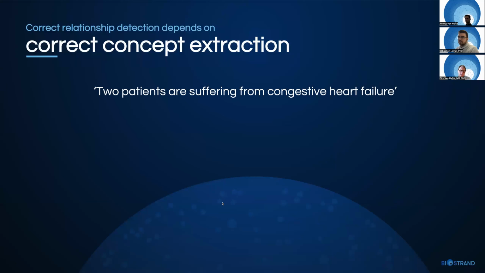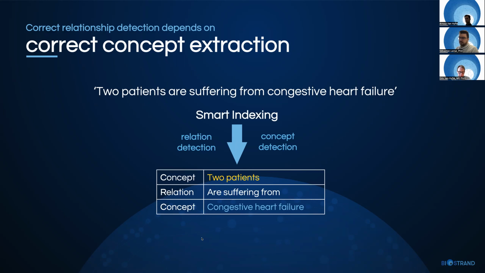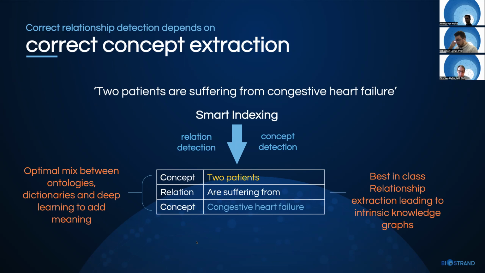So we have a unique combination of, in the first step, smart indexing. Again, without predefined knowledge, identifying these semantic word boundaries, defining concept relations and concept patterns, and then mapping that together with ontologies and dictionaries, in combination with these transformer models, to assign the right semantic meaning to this concept.